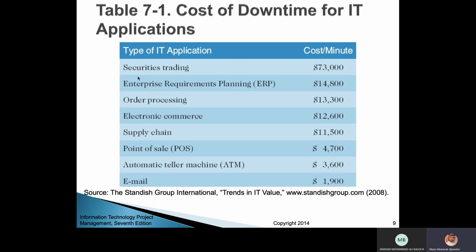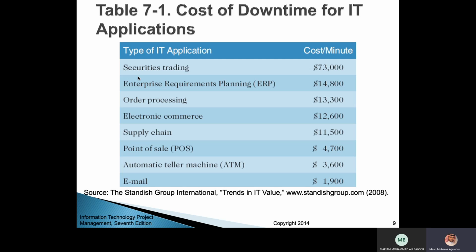And this report tried to study this and come up with some calculations. This is for the US market, but it applies to any other country. Here you see that, for example, security trading systems, these applications allow the shareholders to buy and sell shares in markets.